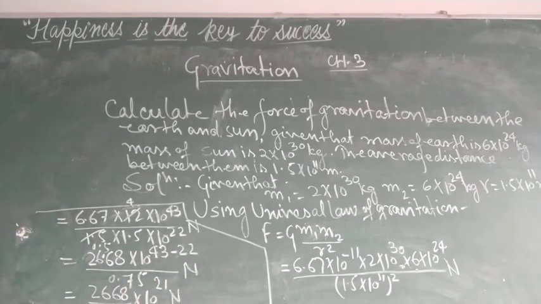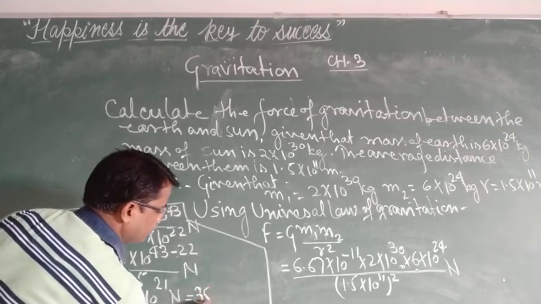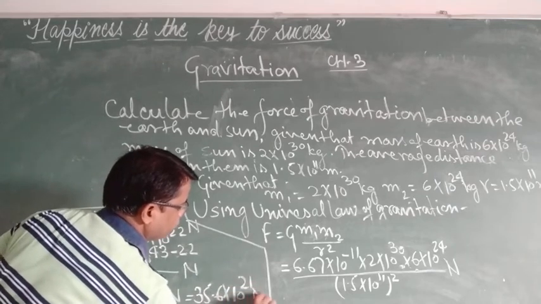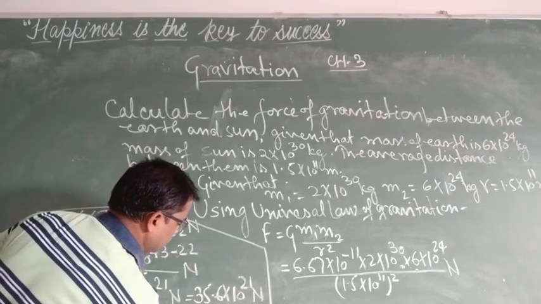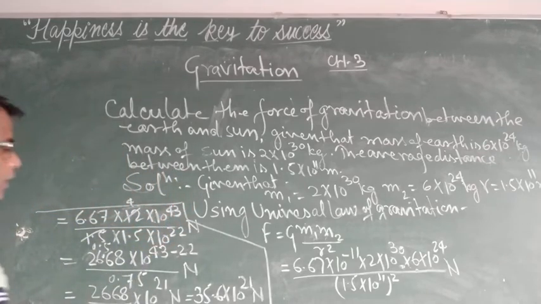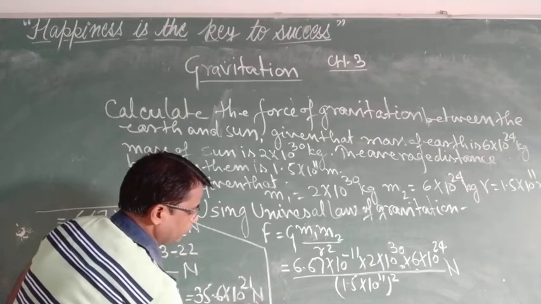When we simplify this, our numerical value will be 35.6 into 10 to the power 21 Newton, and this is equal to 3.56 into 10 to the power 22 Newton.